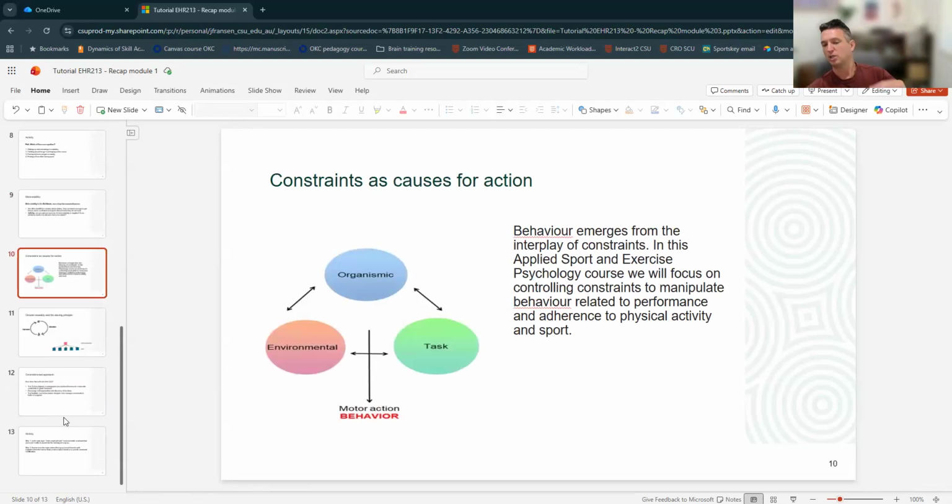Then we also talked about constraints and constraints as causes for action. And we said that behavior emerges from that interplay of constraints. And ultimately, what we want to be as practitioners in applied sports psychology is designers of environments. That means we want to be able to control the constraints that get certain behaviors to self-emerge. That can be behaviors related to adherence to activity, or behaviors related to performance.